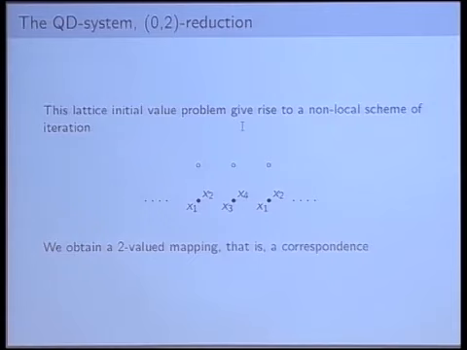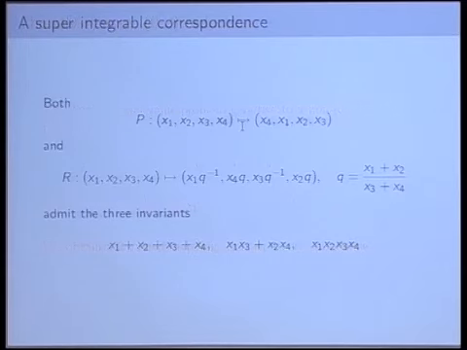And it's a two-valued correspondence, so the two branches, I call them P and R. So P is very simple, it's just a permutation. But R is a rational mapping, and you can use the Stack method to calculate integrals. So there are 3 integrals for this, for both of these mappings, for this correspondence.